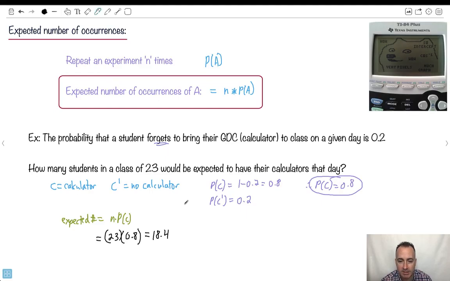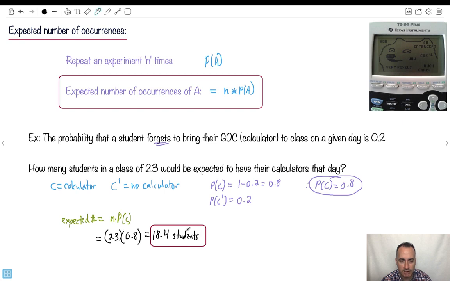I could actually say 18.4 students. It's allowed to be a decimal. It all depends how you want to interpret this result. I mean, it's the expected number. Obviously, you might want to do something with this and maybe round it. You might want to say, oh, I would expect an 18, because sometimes it makes sense to have a decimal. Sometimes it doesn't. So you have to give some thought to what is reasonable.